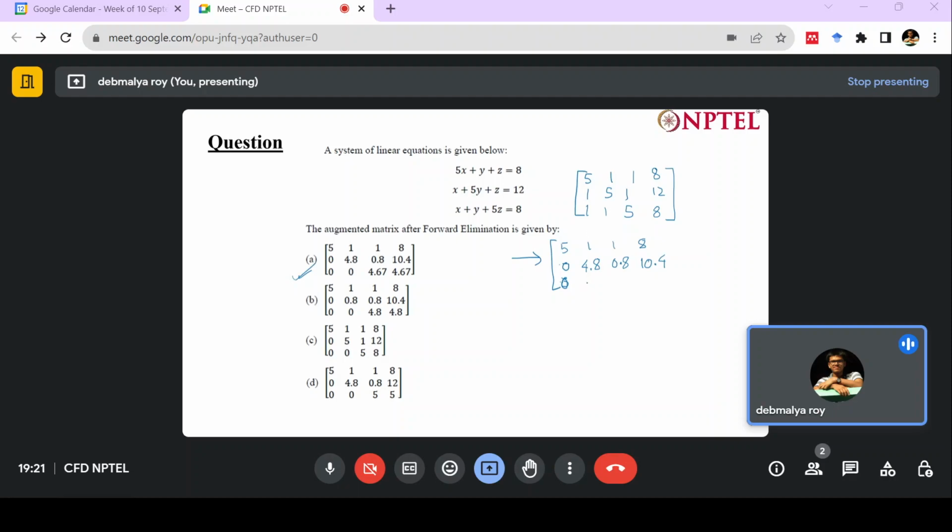However, how about the last row? The last row, I would have 0.8, 4.8, 10.4.